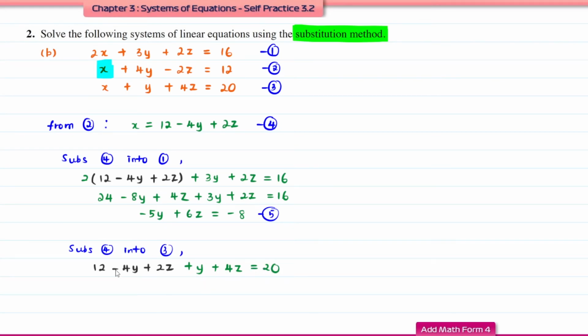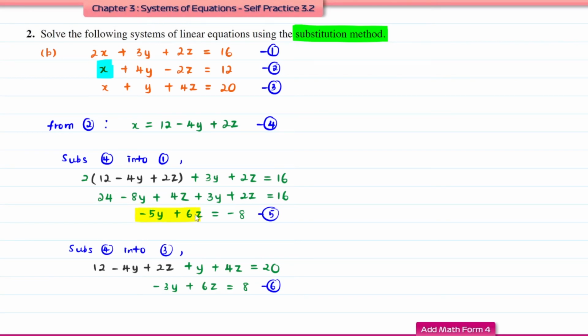So here we're just going to solve for the like terms. So first, negative 4y plus y, so this equals negative 3y. And this positive 2z, I'm going to plus it with this 4z. So I'm going to have 6z equal to, so this 12, when you move it to the right hand side, will be 20 minus 12, which is equal to 8. So this I'm going to label as equation number 6.